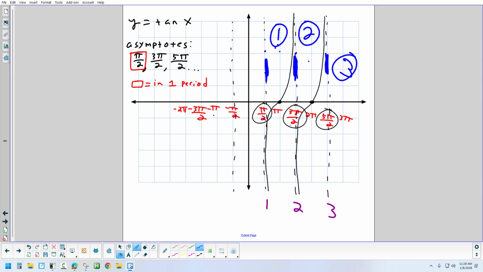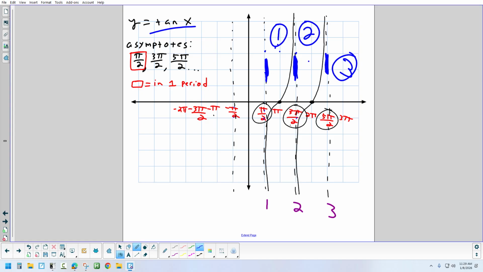Now, let's look at the graph of cotangent. What's the connection between tangent and cotangent? Cotangent is the reciprocal of tangent. It's the tangent flipped.